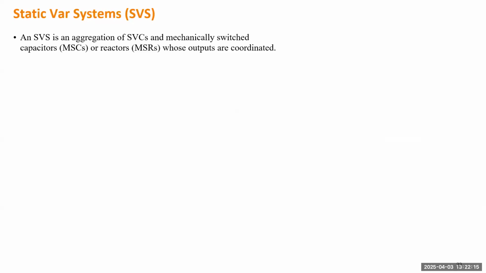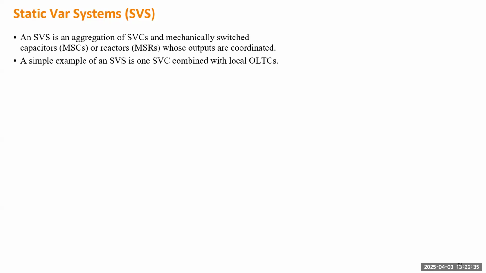You can also connect the SVC with switchable capacitor banks, a switchable reactor bank, and also connect to some transformer, so you can make it a more complex system. You can call it a static var system.